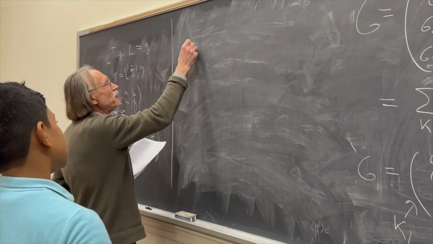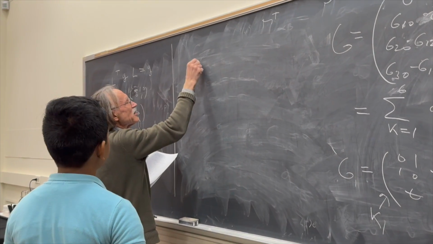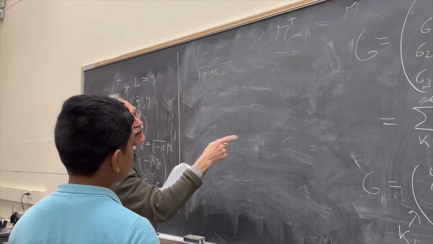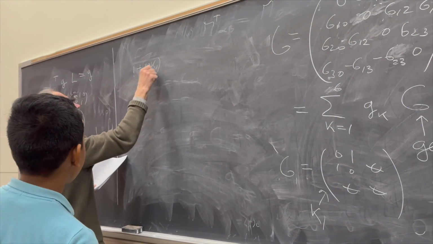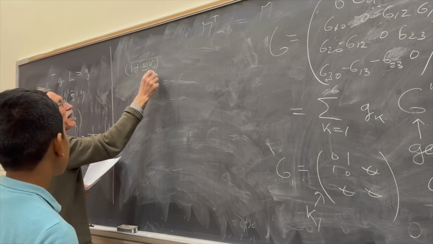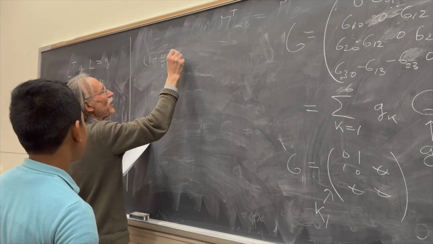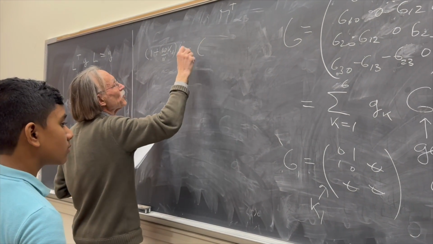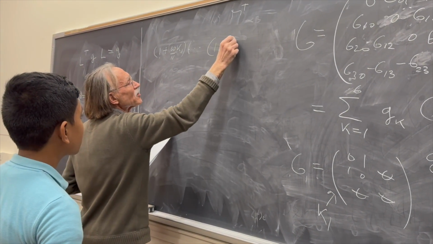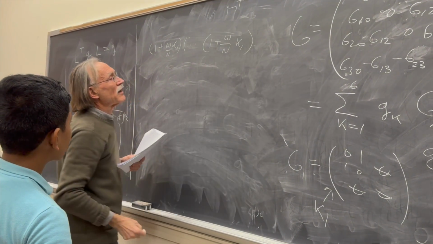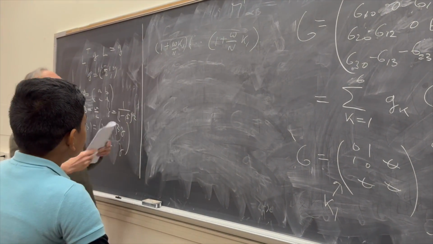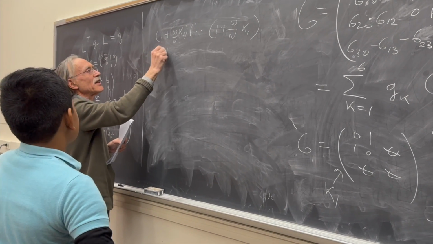So if you have many, say 1 plus omega, let me start with that one, with k1, and I divide this by n, all the way to, I do that n times, 1 plus omega over n to the power kn. And this is all when we take n going to infinity.